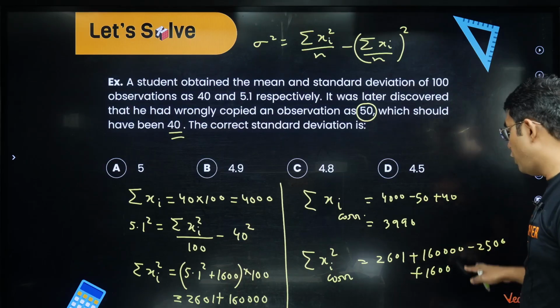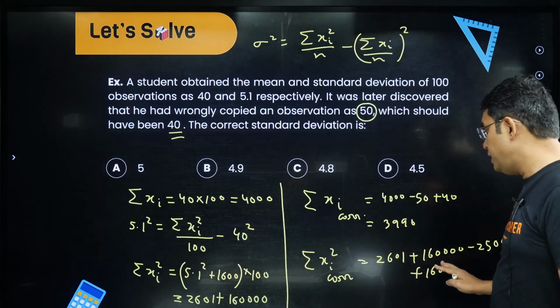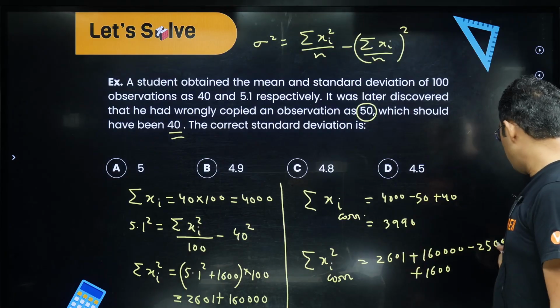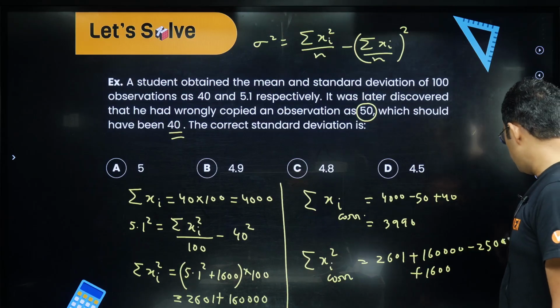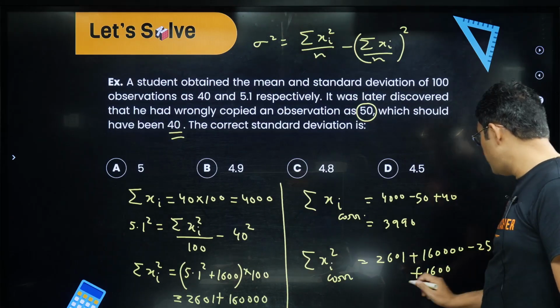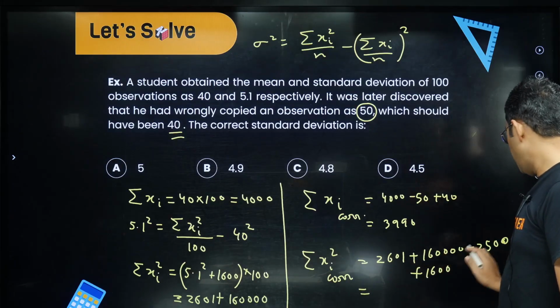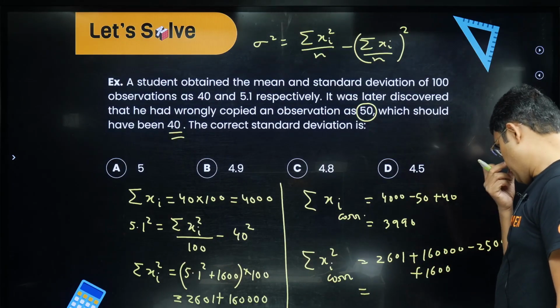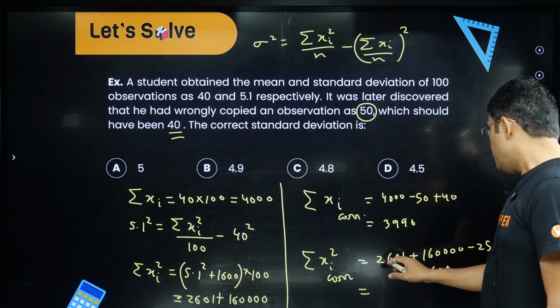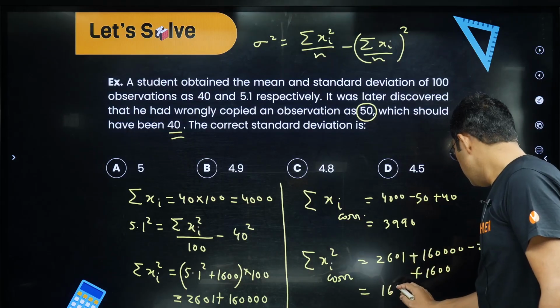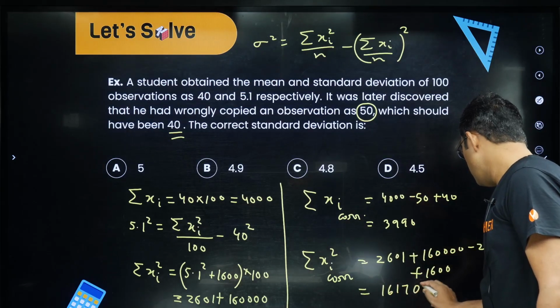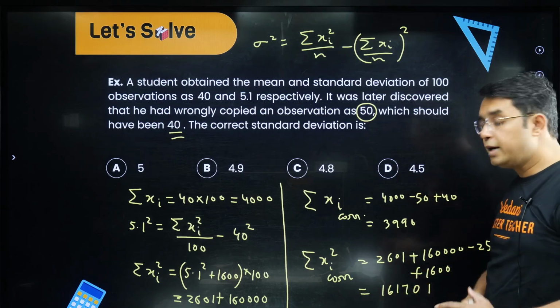Okay, so this is what my correct sigma xi square would be. So I think 900 we have to subtract, 2500 minus 1600, 900 we have to subtract, and this will be 161701. I think this is what the correct sigma xi square is.